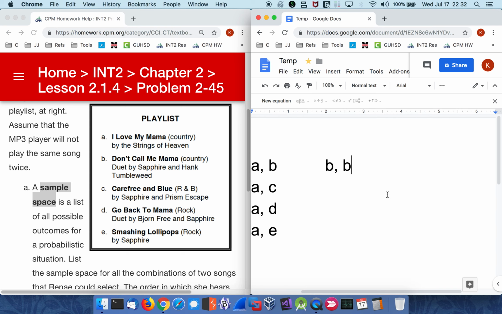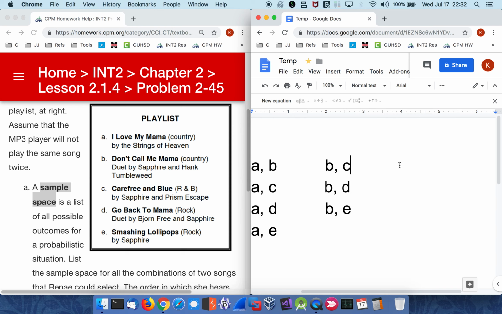All right. So we don't need to worry about B and B. So what do we have left? Well, we have B and C. And then we have B and D. We have B and E. Okay, so does that cover all the combinations for B? Well, yeah, because we can't have B and A again. All right, so that's all of the B ones.